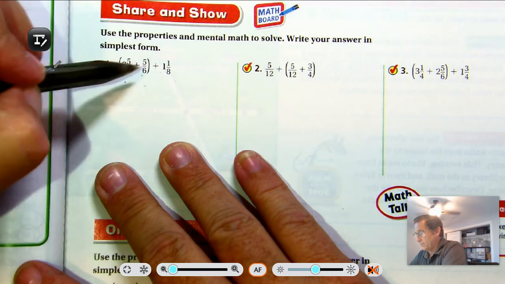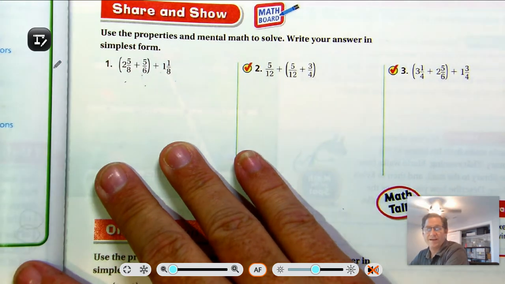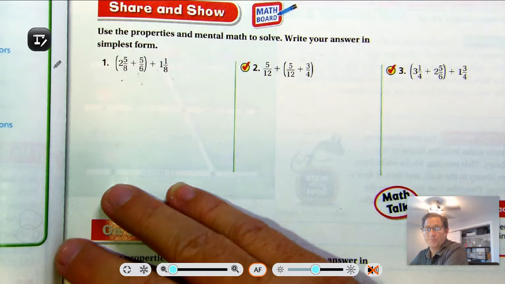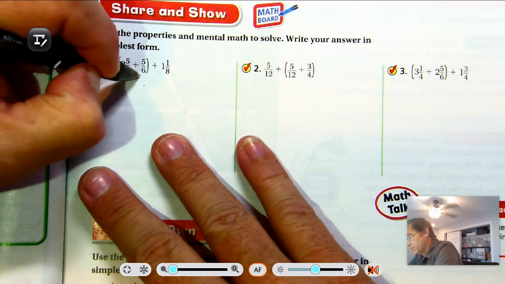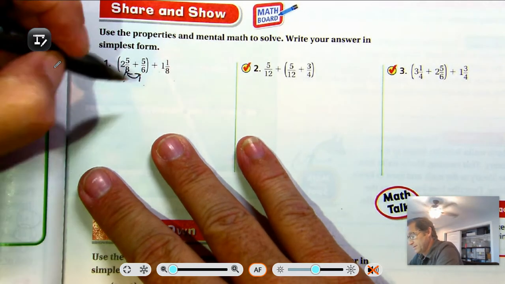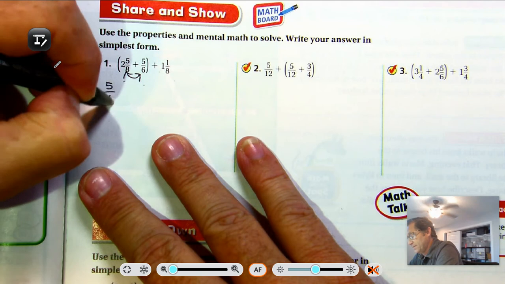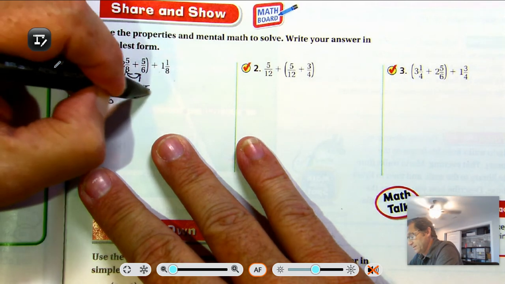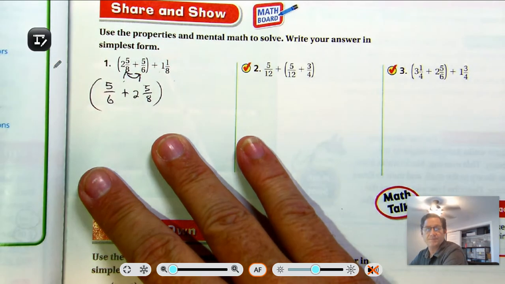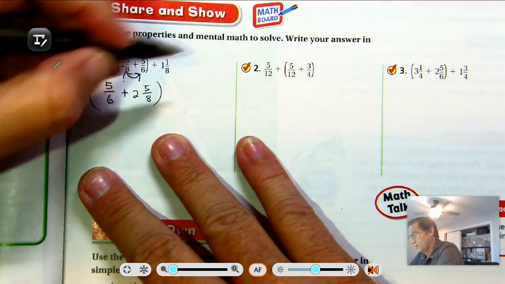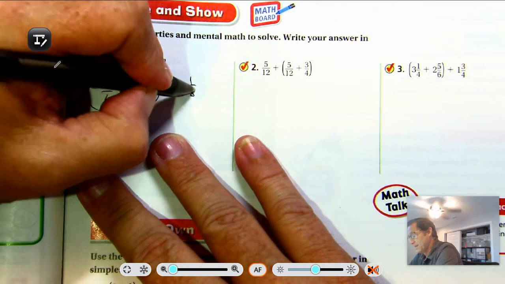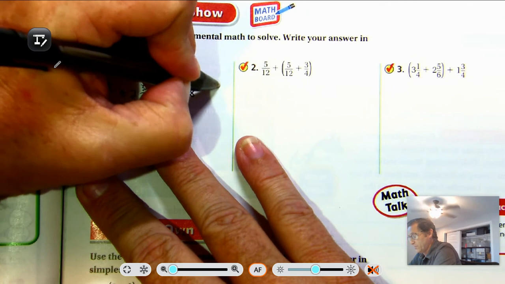Because if I regrouped, I would have 5/6 plus 1 and 1/8. That didn't help me any. So I want to switch the order first. Okay, so I'm going to put 5/6 first, then 2 and 5/8. Keep those in parentheses because I want to do one step at a time. And that's the commutative property.